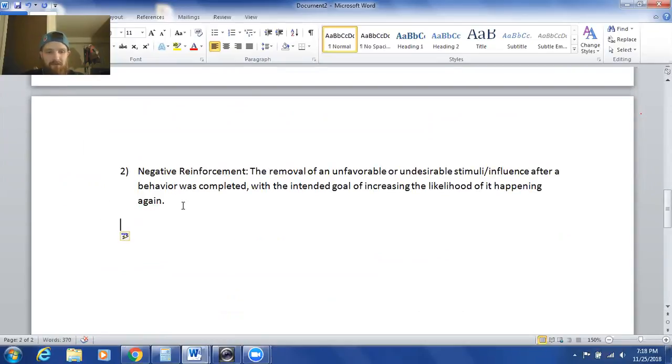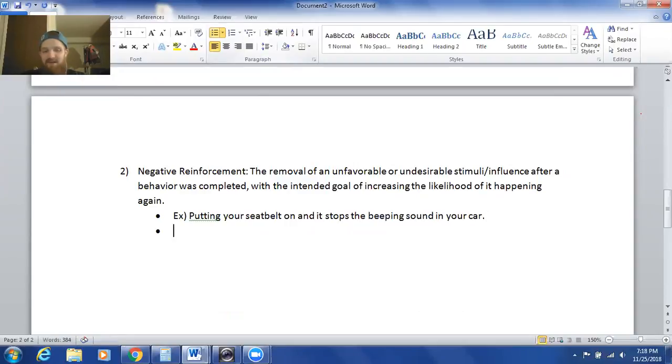So examples here. There we go. An example here would be putting your seat belt on and it stops the beeping sound in your car. Imagine, before they put that beeping thing, people had zero incentive to put their seat belt on, besides wanting to save their own life.